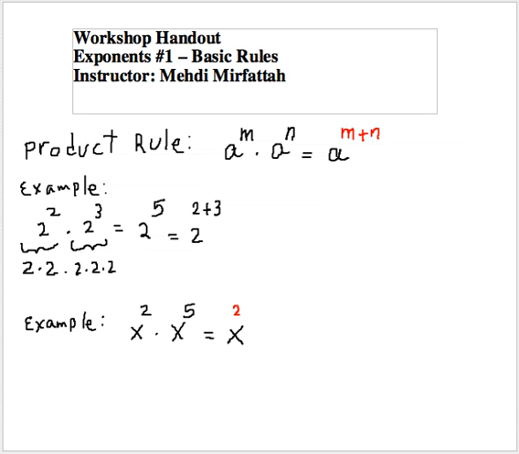So we're adding 2 and 5, and we would get x to the power of 7. Okay, is everyone okay with this concept? Okay, very good. So let's take a look at a power rule.